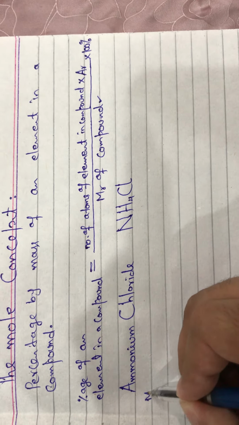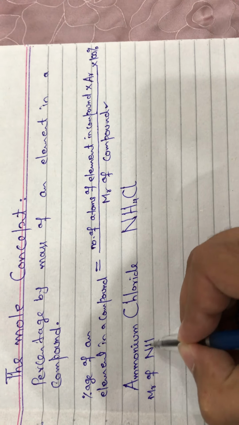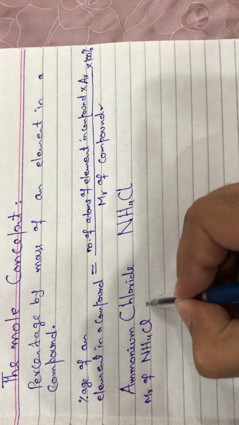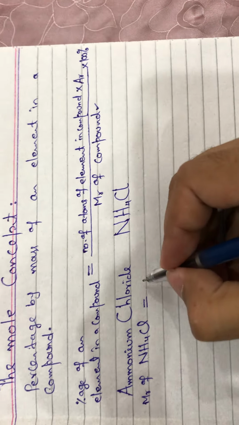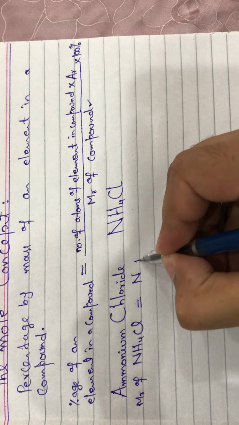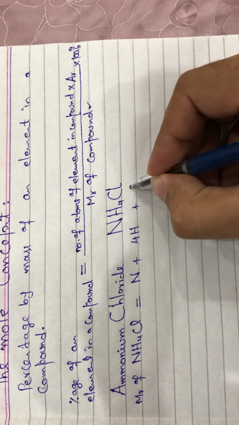So MR of ammonium chloride: we have 1 atom of nitrogen, 4 atoms of hydrogen, and 1 atom of chlorine.